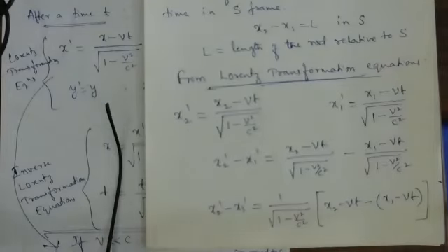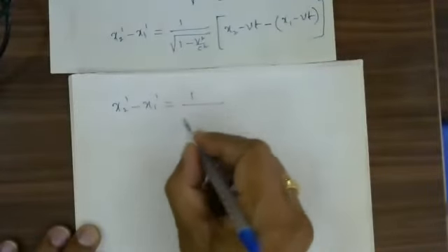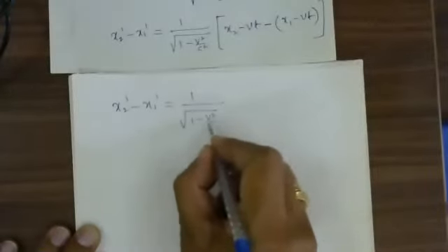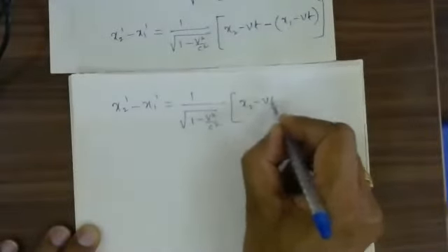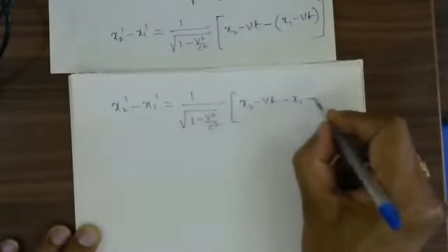Okay, next step. Here, x2 dash minus x1 dash is equal to, same thing, 1 divided by root of 1 minus V square divided by C square, x2 minus Vt, minus into plus minus x1, minus into minus plus.